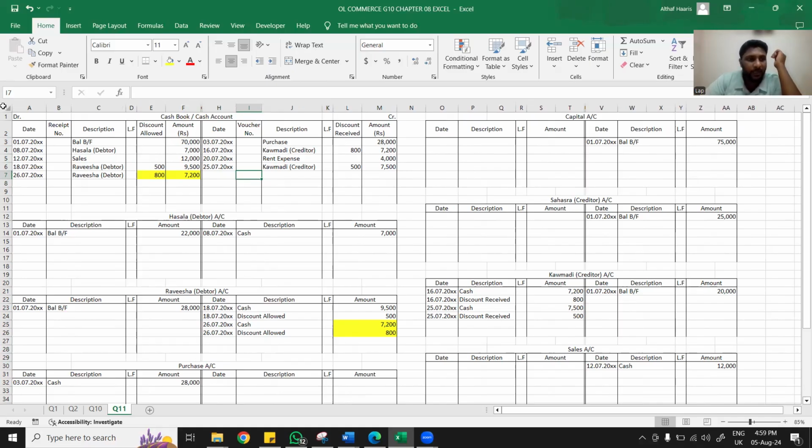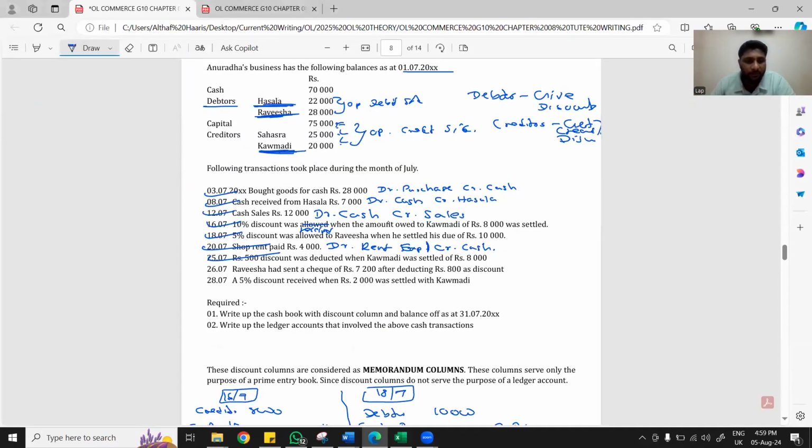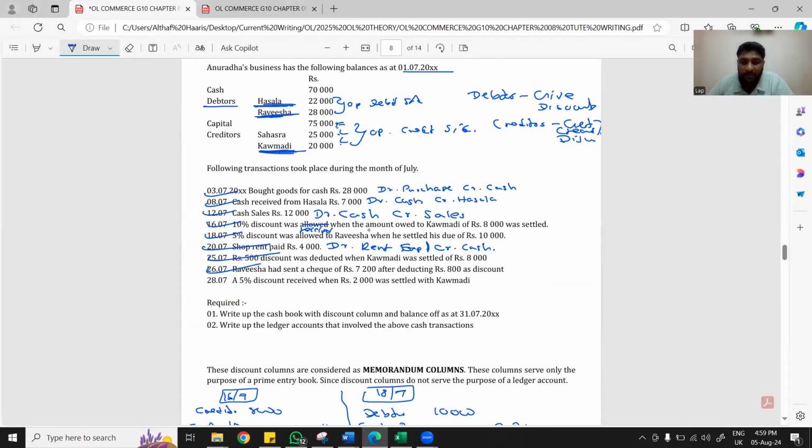Okay, the last one. The 5% discount received when 2,000 was settled with Kaumadi. So same as previous. When you are settling 2,000, 5% discount. 2,000 into 5% means it is 100.